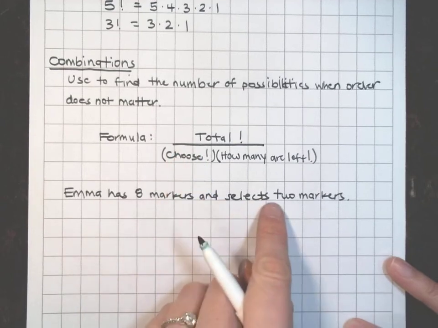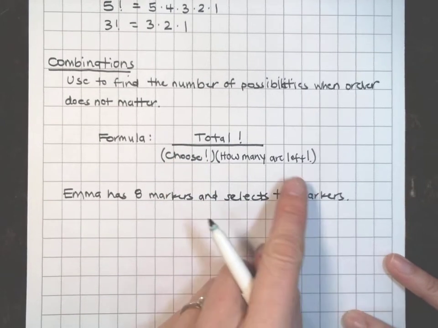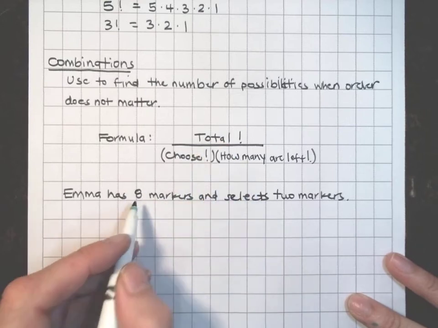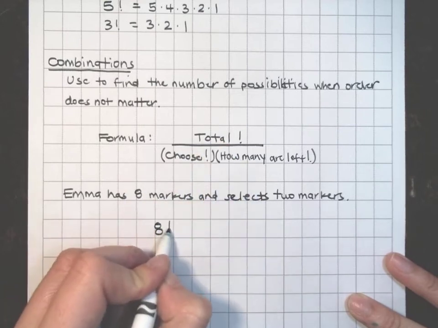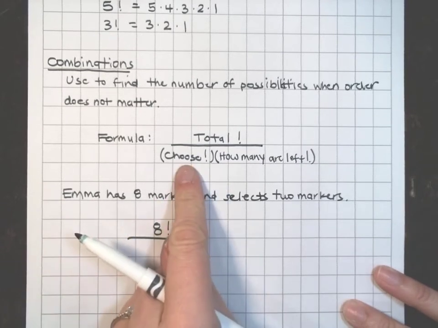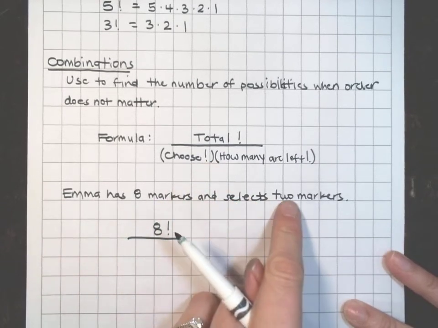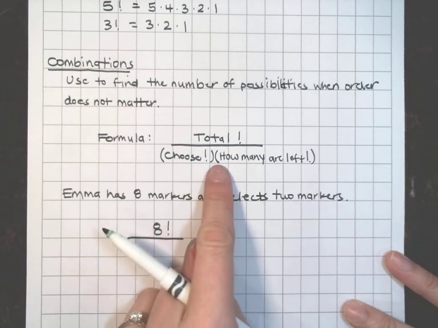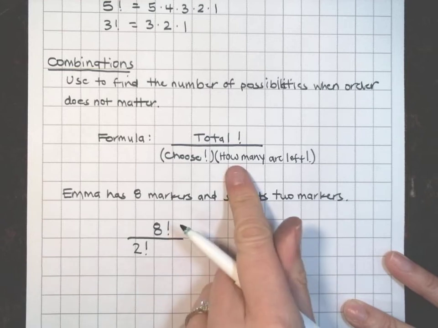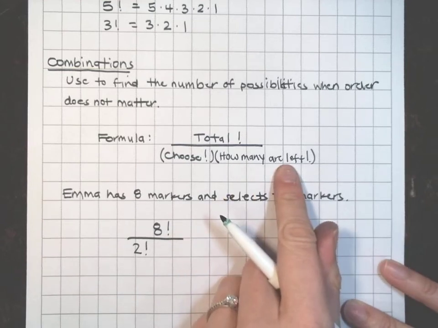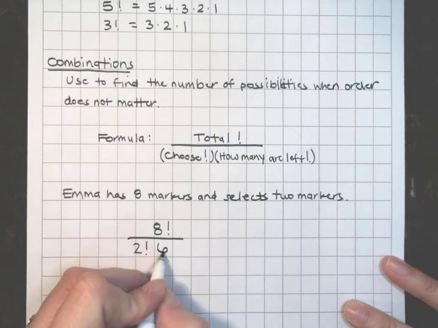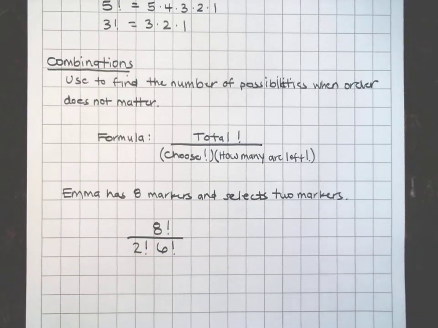To figure out how many different ways she can select 2 markers, we are going to first put the total of markers she has, which are 8 factorial. Then we're going to divide that by how many she chooses. So she is selecting 2 markers, so we're going to write 2 factorial times how many are left. If she has 8 markers, she picks 2, there are 6 markers left over.